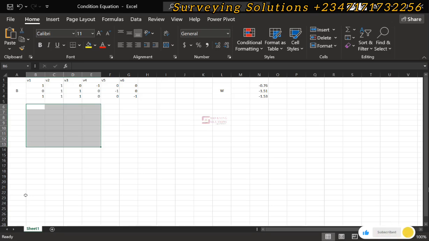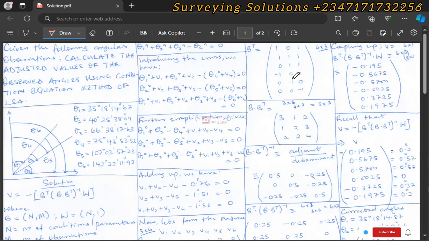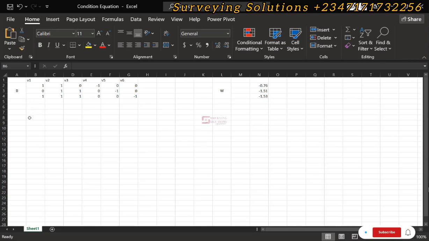Good. So we are on Excel now, and we have inputted the elements of our B matrix. Right, good. And then we also have our L matrix. So from where we came, what we want to achieve is B transpose. Right, good. So we have 3 by 6, which is 3 rows and 6 columns.